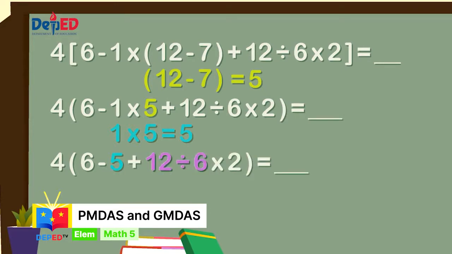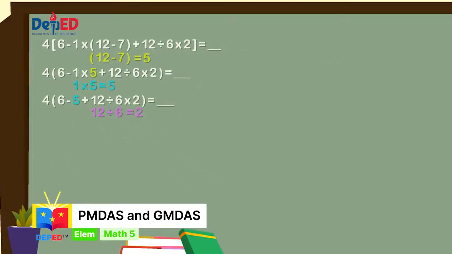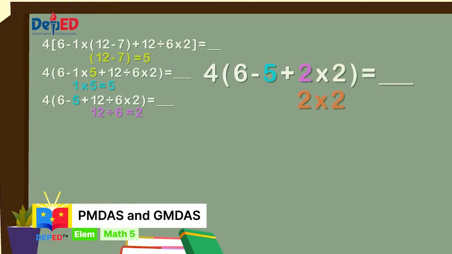Divide 12 by 6 to derive a quotient of 2. That gives us 4, open parenthesis, 6, minus 5 plus 2 times 2, close parenthesis. Multiply 2 by 2 to produce 4. So, we have 4, open parenthesis, 6, minus 5 plus 4, close parenthesis.